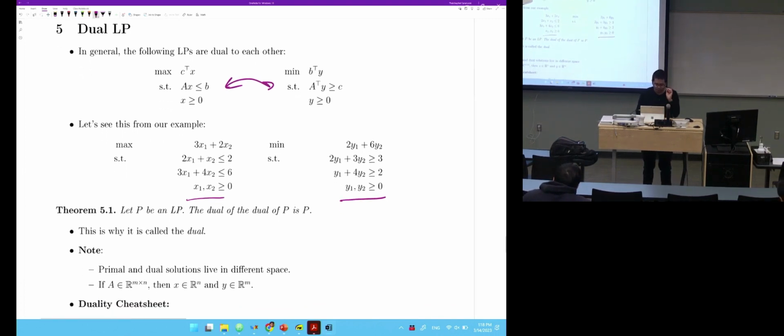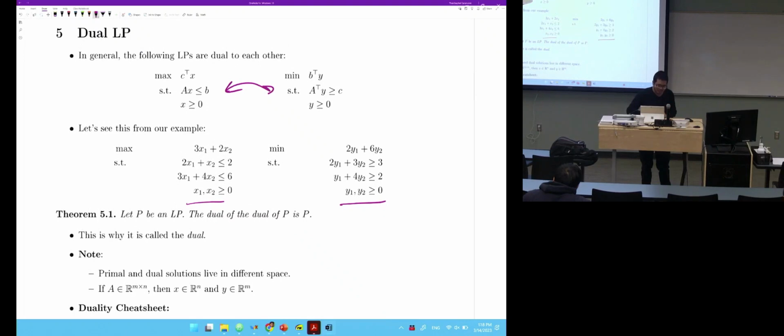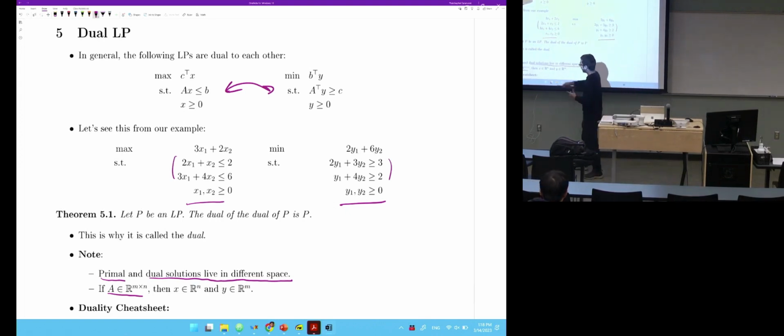One very important point I want to make is that although this is the dual problem, primal and dual solutions actually live in totally different spaces. Here, x and y in this simple example live in R2, but in general, if the matrix here is not a square matrix, if it's a rectangular matrix of size m by n, then x lives in n-dimensional space, but y would live in m-dimensional space.